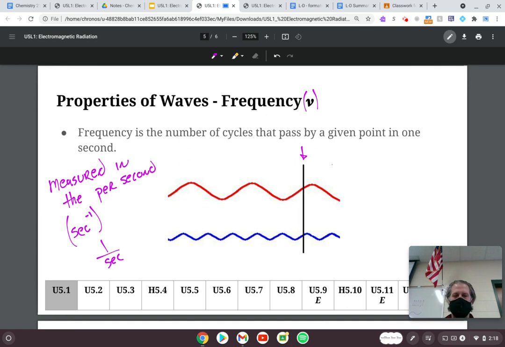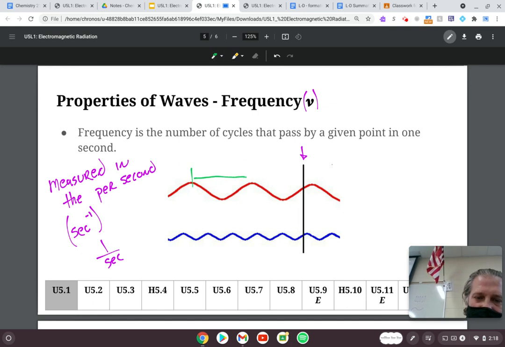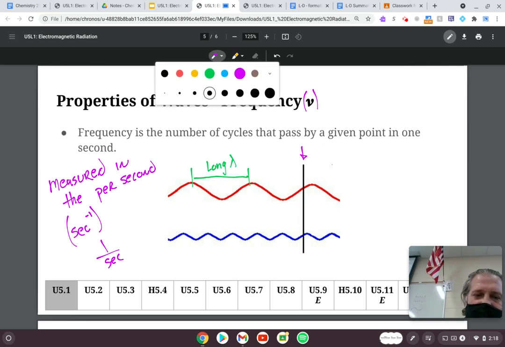So in this instance here, what we end up having is we have these waves, right? And the top one has a long wavelength. And as a result of that, it has a low frequency.